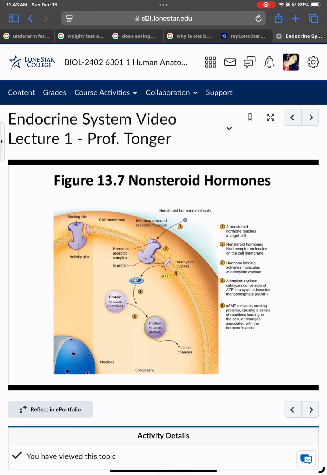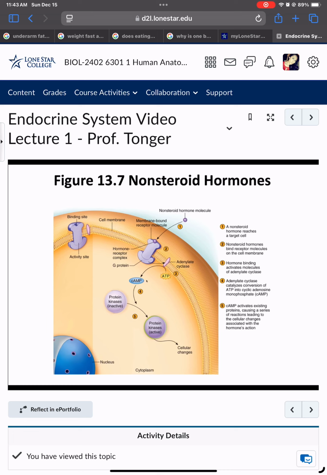For that, there is a G protein over here which is attached to this receptor. As soon as the hormone binding happens, there is a change in conformation which alters the shape of adenylate cyclase. Now, adenylate cyclase is also a protein found in the cellular membrane, which converts ATP, the energy molecule, into cyclic AMP, which is cyclic adenosine monophosphate.